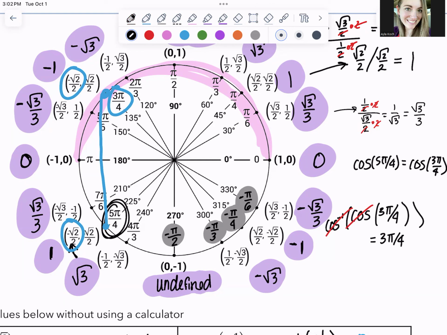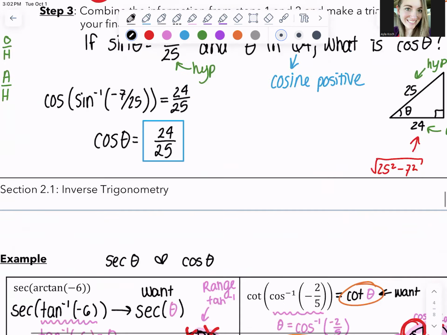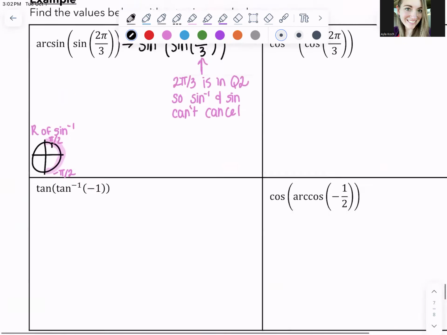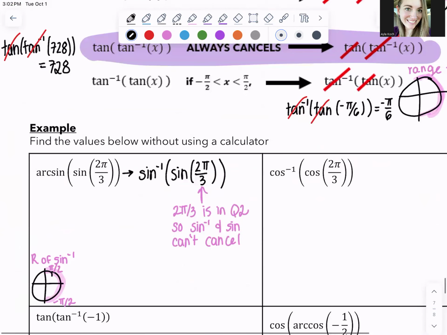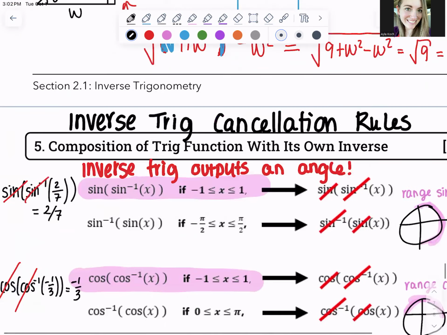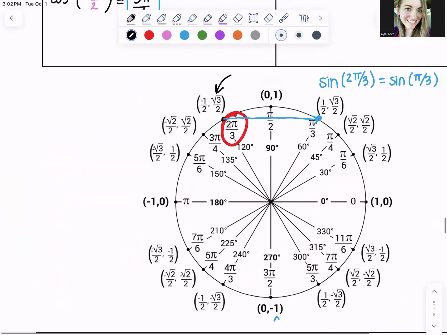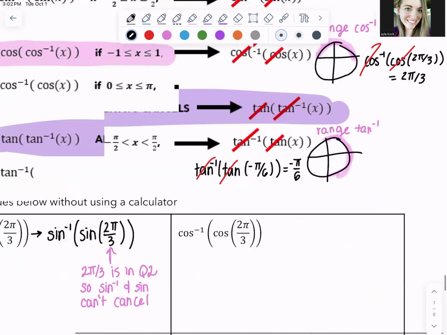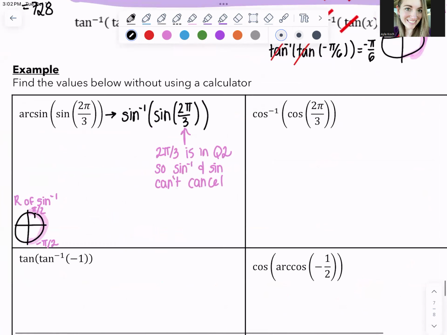So that's one way of looking at it, the way I personally look at it. But there's also just going through it step by step. What is sine of 2 pi over 3? I'll look at the unit circle. Sine of 2 pi over 3 is square root 3 over 2. So sine inverse of square root 3 over 2 is asking where between negative pi over 2 and pi over 2 is sine equal to square root 3 over 2.